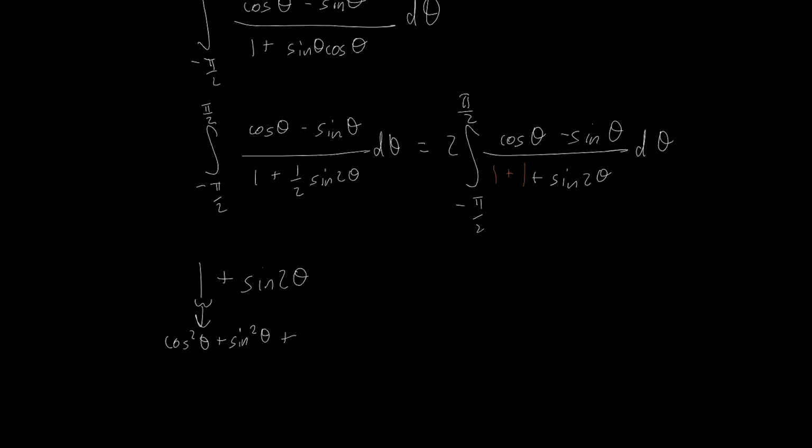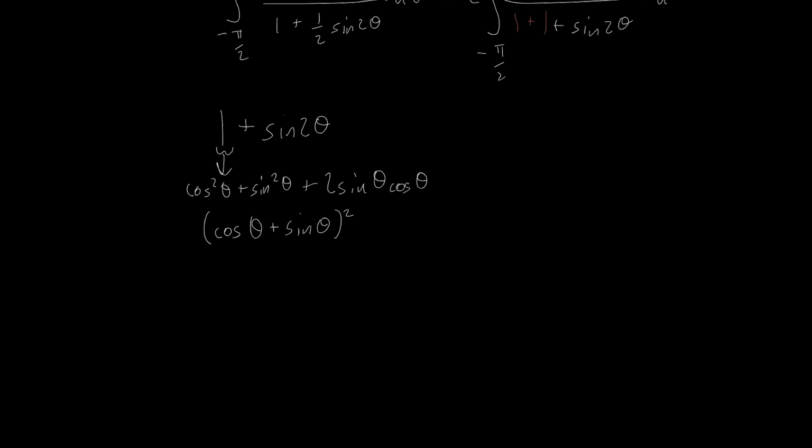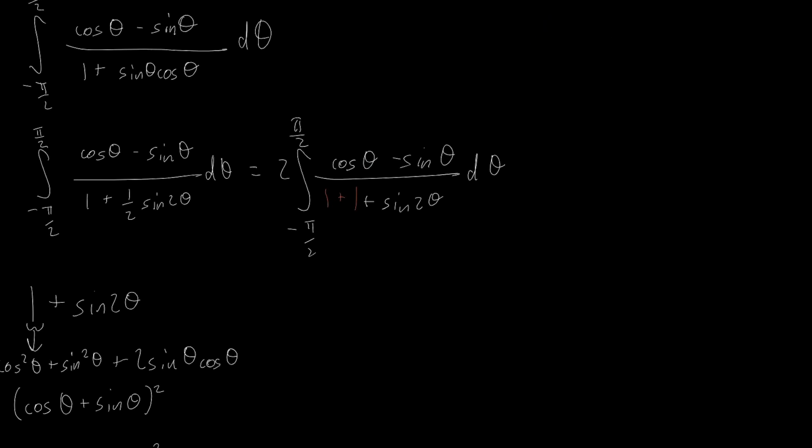And then if we expand out sine 2 theta, we get 2 sine theta cos theta. And you can kind of see where this is going. We can write this as cos theta plus sine theta squared. And this actually works the other way around with a minus sign. So we can just say cos theta plus or minus sine theta squared equals 1 plus or minus sine 2 theta. And this is true.